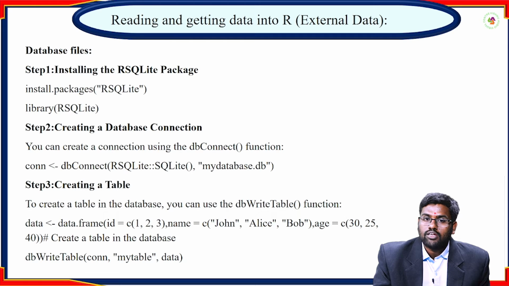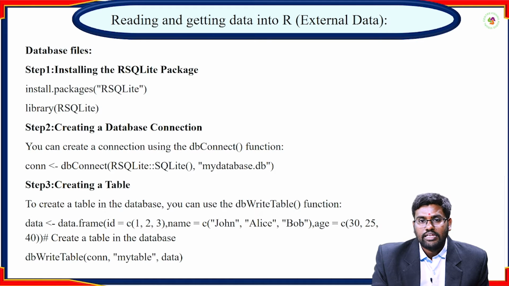RSQLite means R programming SQLite, which is used to access all the SQL queries in R programming. The data is in the table database, and we can insert values, update values, and if I want to drop the table from the structure, all these commands will be run from this.